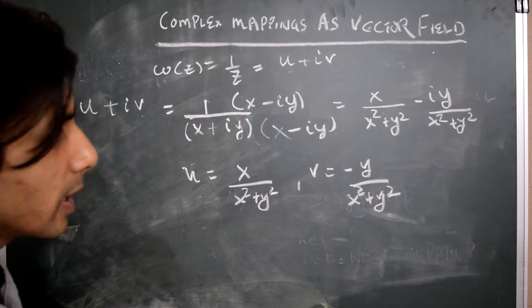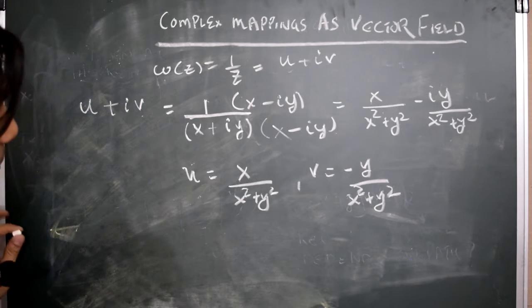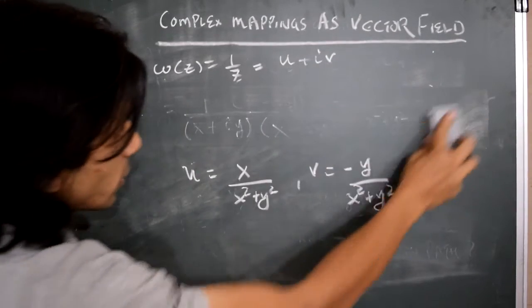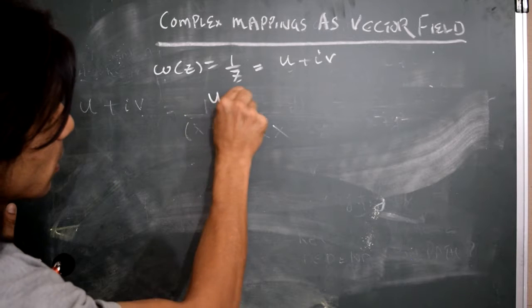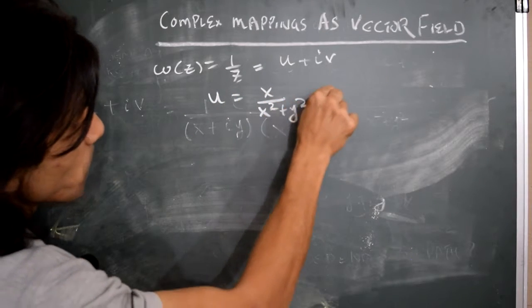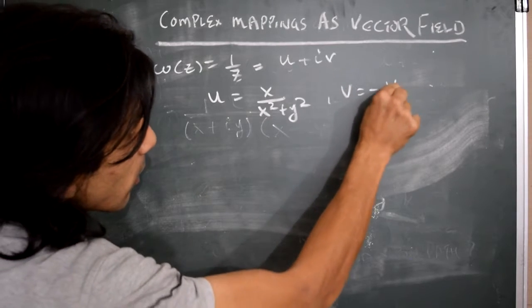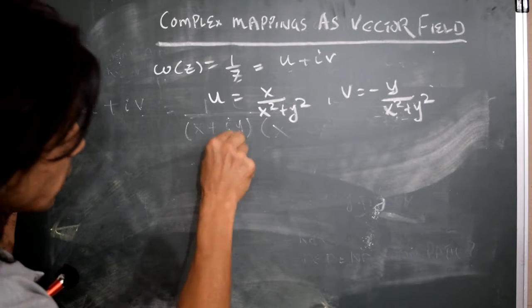So qualitatively, what kind of a plot do we expect to get out of this kind of a mapping? Well, let me just write these expressions again here. So again, we draw the complex z-plane.